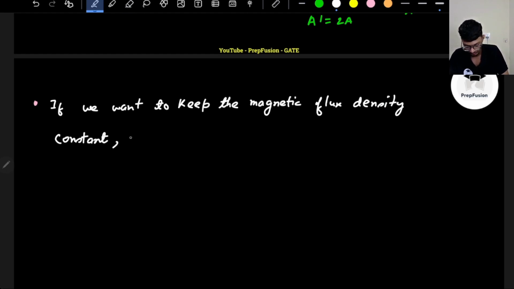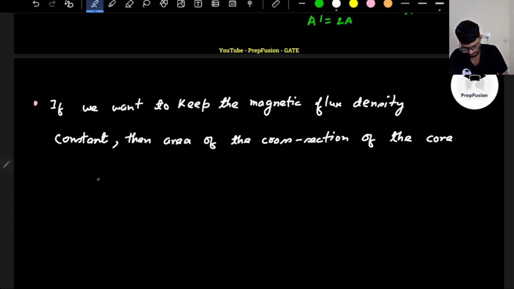Then basically the area of the cross section of the core must be increased, okay. That is the only thing, that is the only solution.